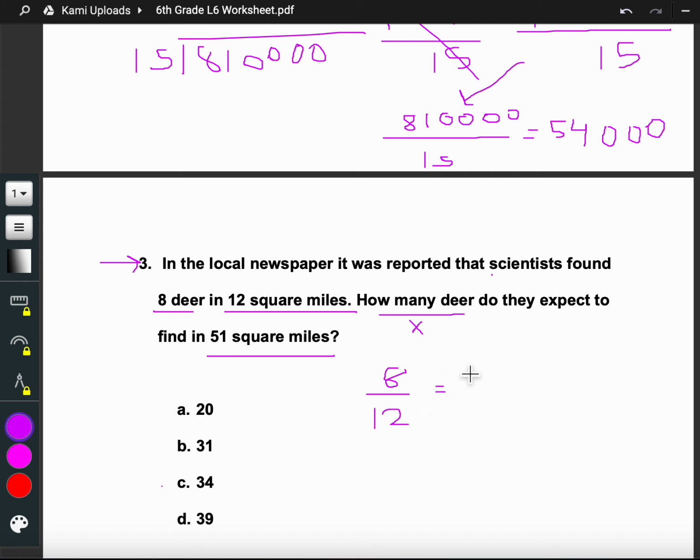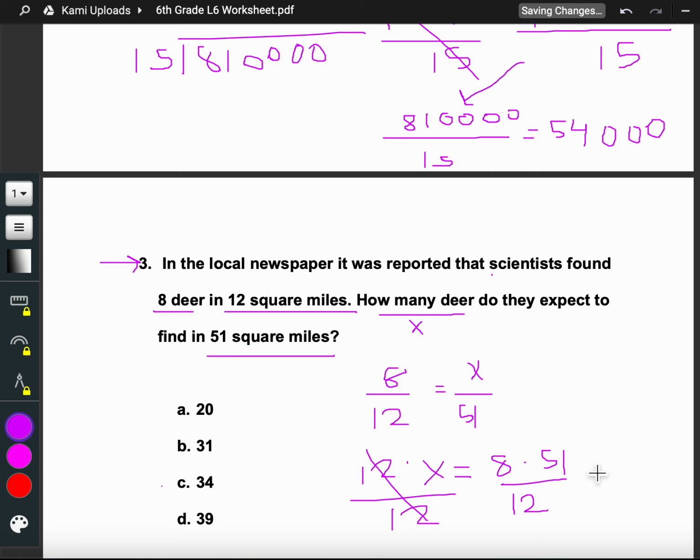But they want to know how many deer they would expect to find in 51. So we're going to cross multiply, same thing as last time, 12 times X and 8 times 51. So we're going to divide both sides by 12. 12 divided by 12 is 1, so now it's just X. X equals 8 times 51.